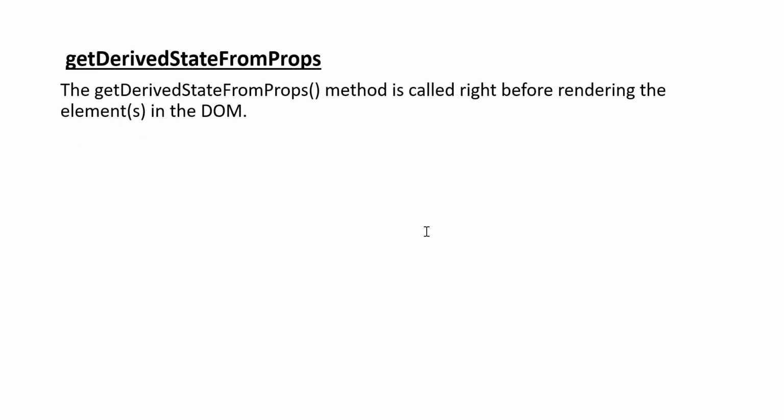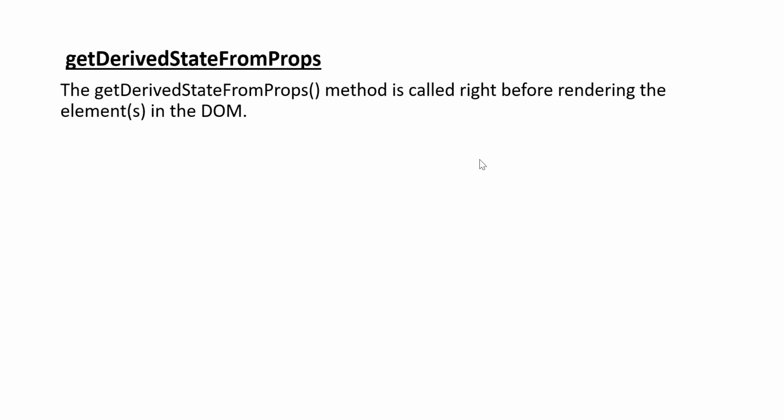getDerivedStateFromProps is invoked right before calling the render method, both on the initial mount and on subsequent updates. This method is called right before rendering the elements in the DOM. Render is the next method.